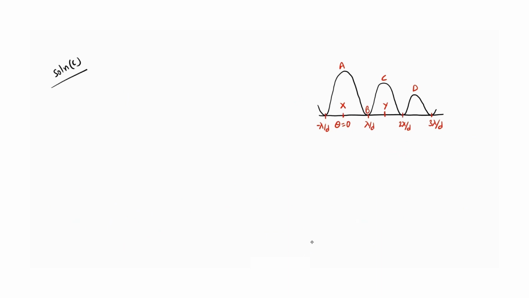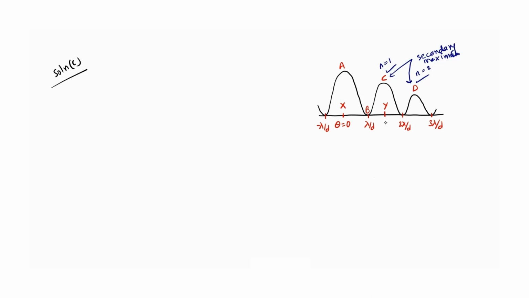Now the solution for C, okay? We can see in this figure, this is secondary maxima and this is also secondary maxima. So this corresponds to n equals 1 and this corresponds to n equals 2, okay? So these are secondary maxima. So from the question, we have to find what difference there is in the angular position and intensity.